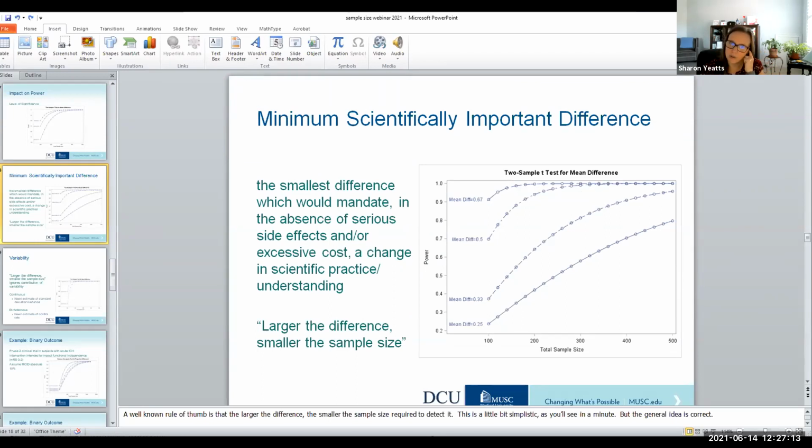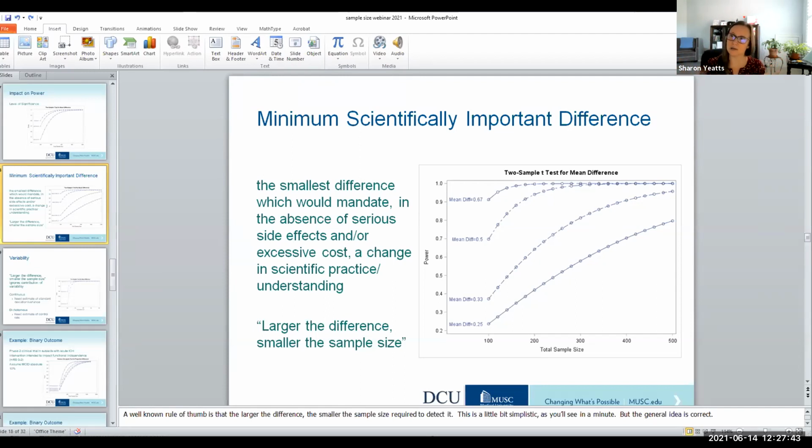This is important because the rule of thumb that people understand is that the larger the difference you want to detect, the smaller the sample size. Often what happens is that people start out by saying, well, even a 2% improvement in mortality would be clinically meaningful. And then we look at the sample size associated with that 2% improvement, and it's not feasible.